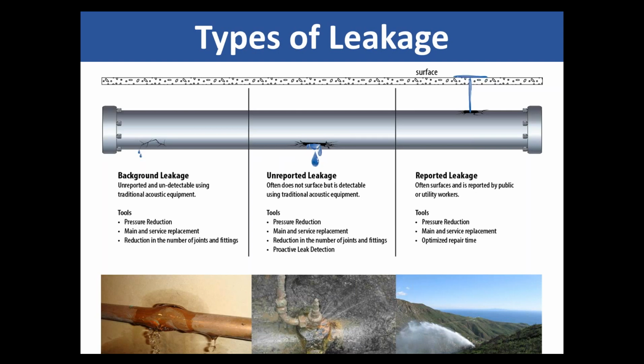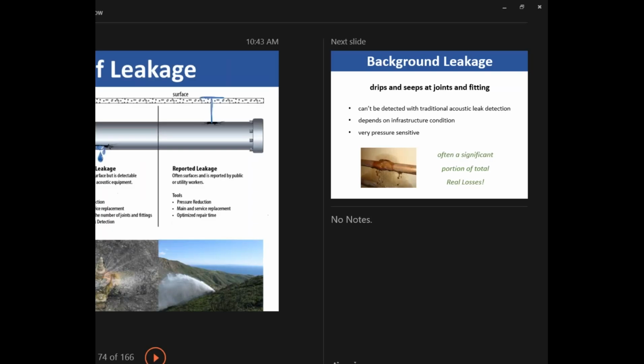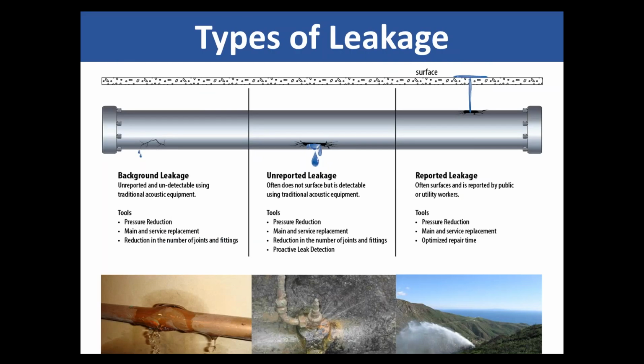Now let's look at what we can do about reported leakage. Top, pressure reduction. We can do some replacement of mains and service connections to reduce it, but that's awfully expensive just for reduction of leakage losses. And we can look at the repair times. For those leaks that are being called in, on average, how long does it take us to repair those? Now, since we have a couple of utilities in here that do proactive leak detection, you'll also have a database of all the unreported leakage that you're finding, right?